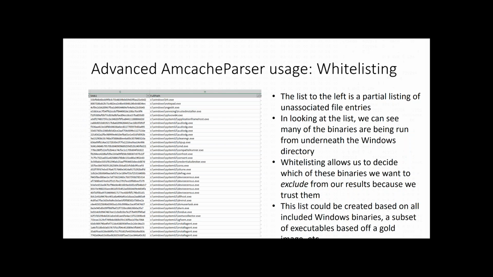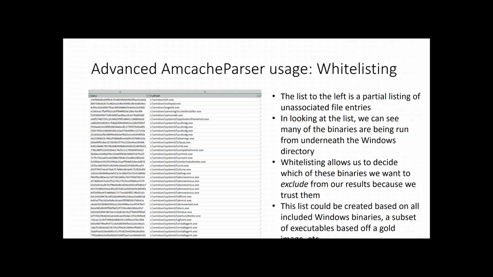Maybe you do, maybe you don't. Is CMD interesting to you? Maybe it is if it's the secretary's machine, or PowerShell, like why is that running on these other places? But in some cases, you may be able to determine that these executables, we don't want to know about these. We want to further reduce down what we have to look at initially.